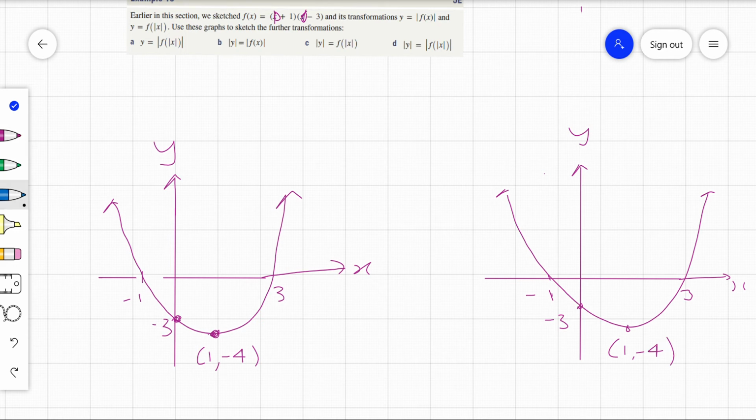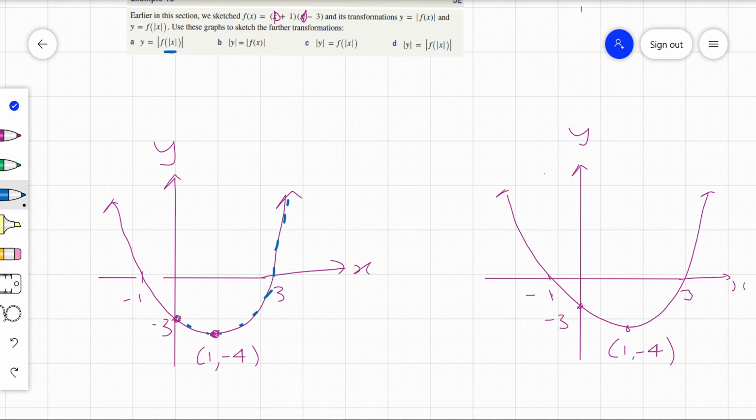It says y equals the absolute value of f of the absolute value of x. Let's look at this inside part, f of the absolute value of x. It won't change where x is already positive. So x is positive for all this section here.